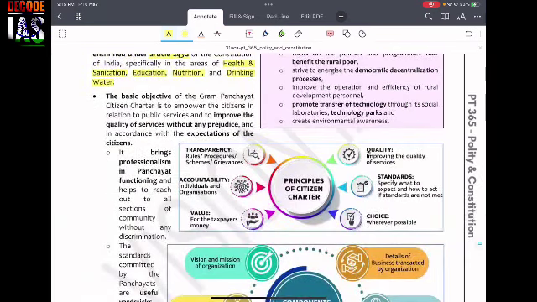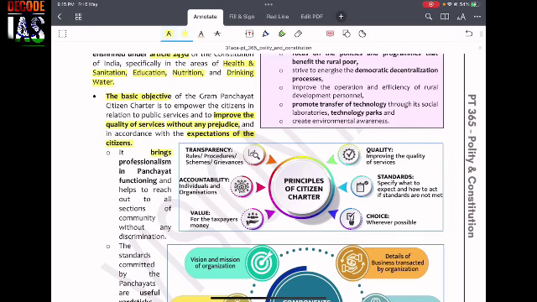Now, what is the basic objective of having a citizens charter at the Gram Panchayat level? Let us understand. The basic objective is to improve the quality of services without any prejudices and in accordance with the expectations of the citizens. So the citizens charter at the Gram Panchayat level means that the services reaching the people of the Gram Panchayat should improve in service delivery, improve in quality, without any prejudices.